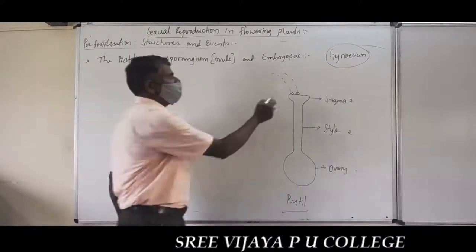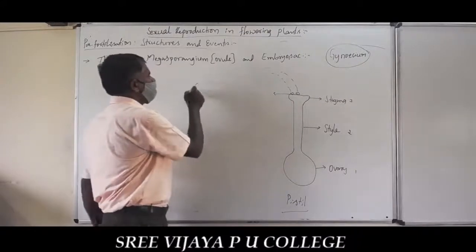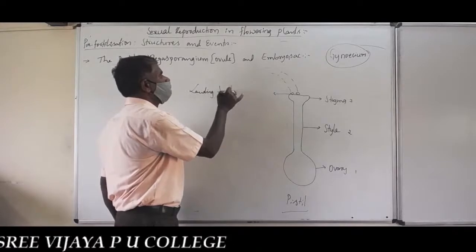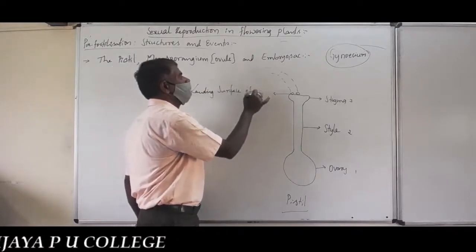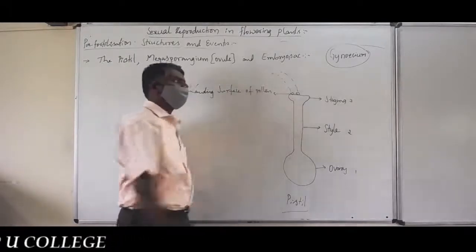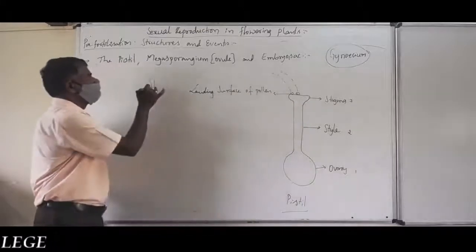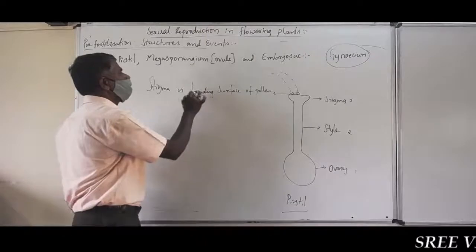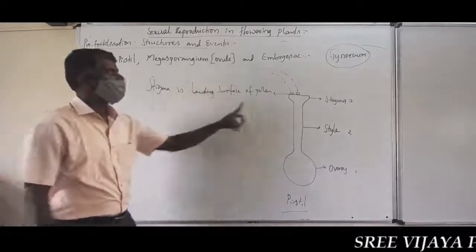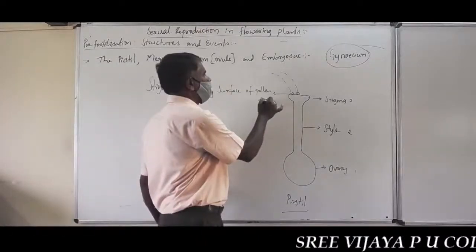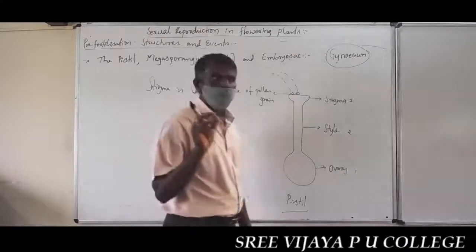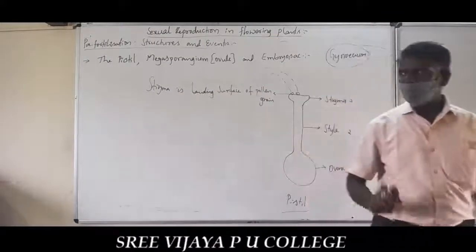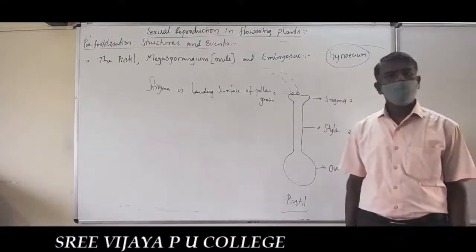Hence, the stigma is the landing surface of pollen, where the pollen grains germinate.